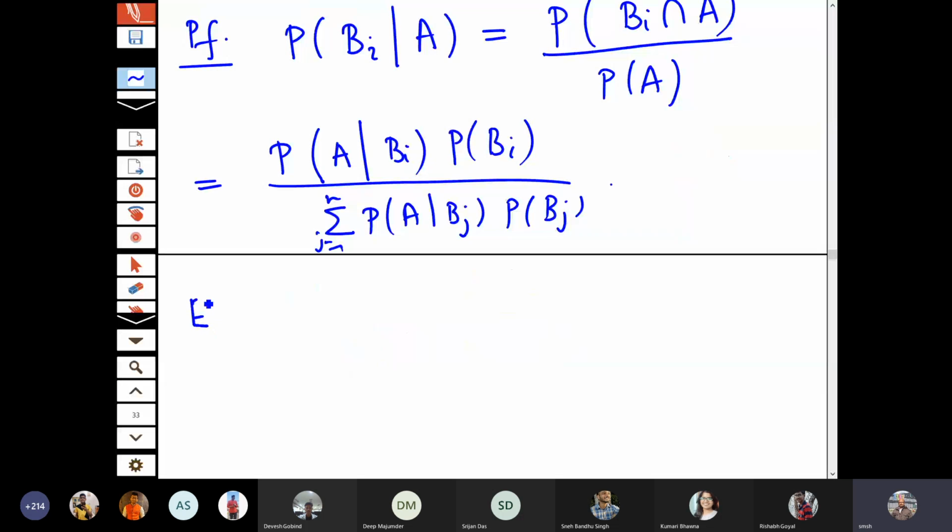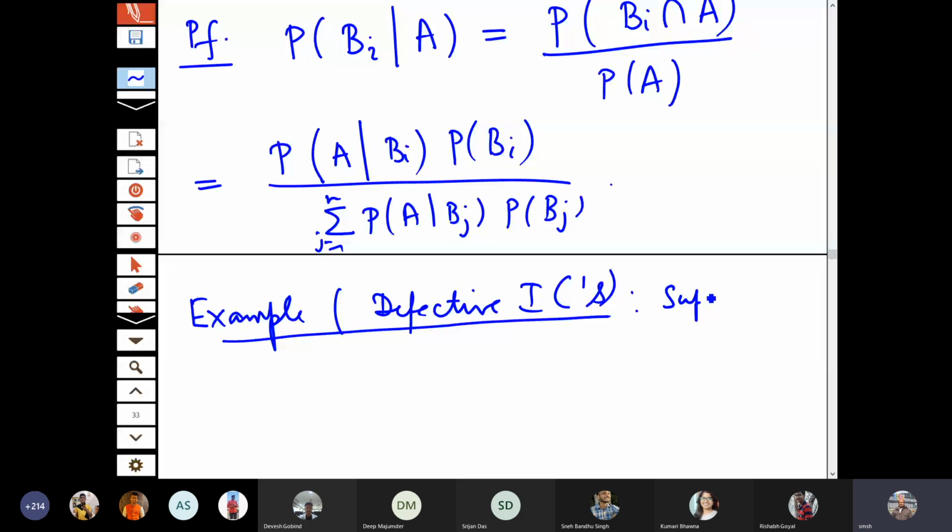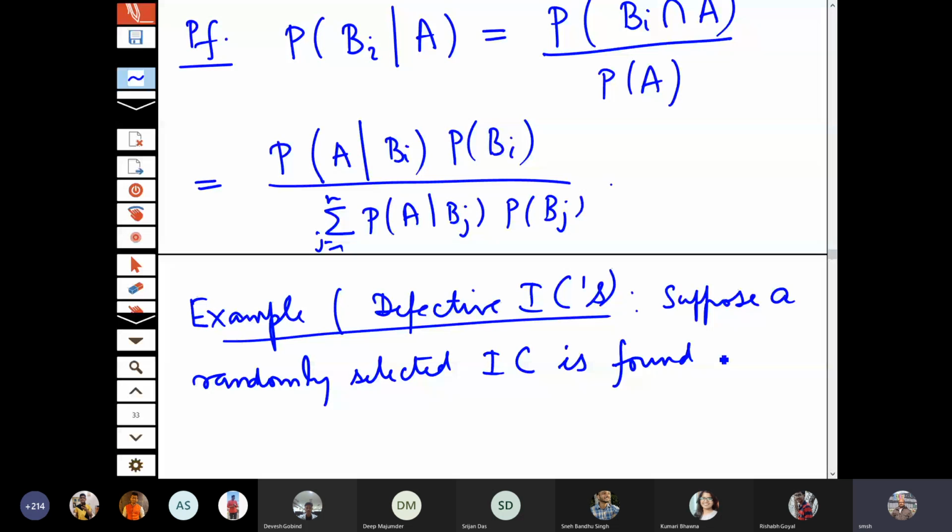So the defective IC example, if I continue. In the same exercise, suppose a randomly selected IC is found to be defective.